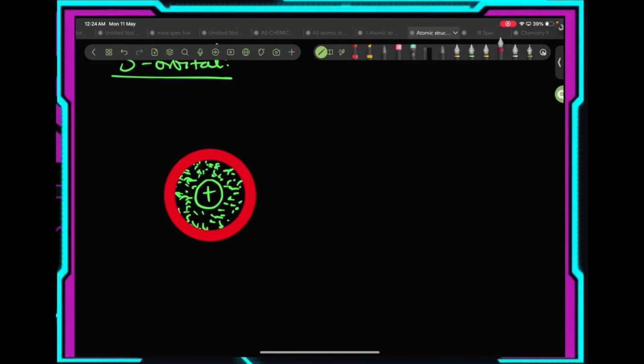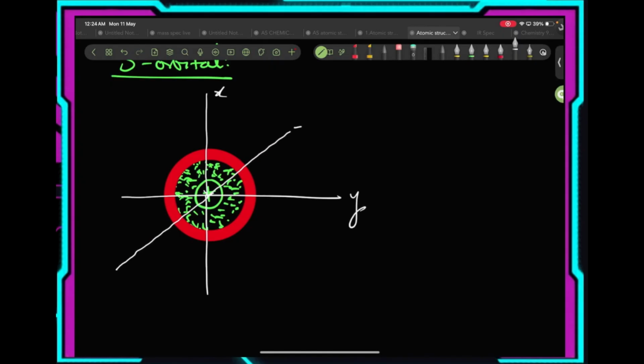So the electron will spend most of its time in an s orbital, which looks like a 3D ball-like structure. If I just draw the axes, this is the x-axis, this is the y-axis, and then there's this 3D axis, which is away from you and towards you. This is the z-axis.